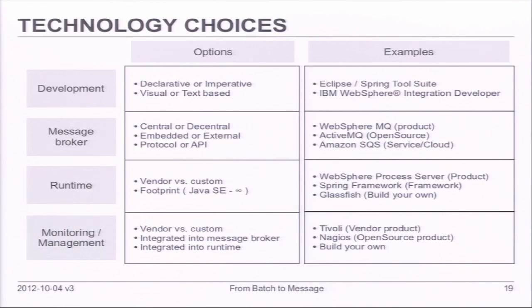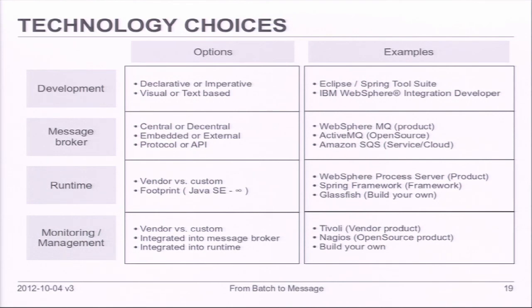For the message broker, basically you have the option to either use a central message broker or a decentral one. A central message broker means that you have a highly available cluster of a few nodes that you will distribute your messages to, versus decentral, which means that the broker is deployed to each of your nodes and runs there.